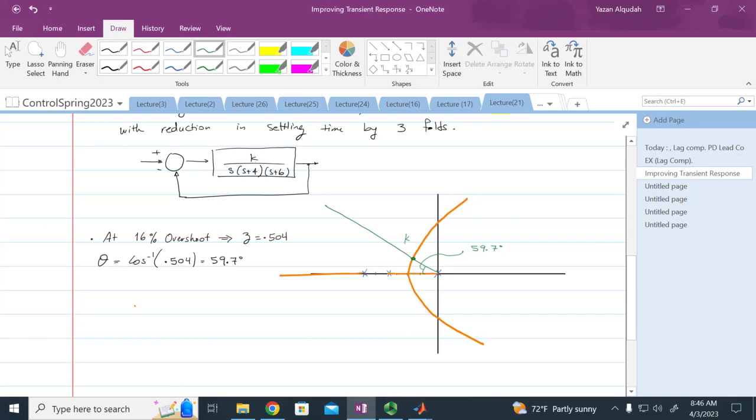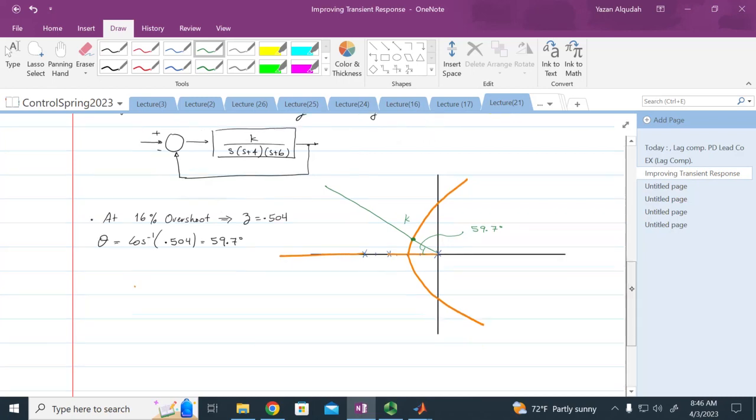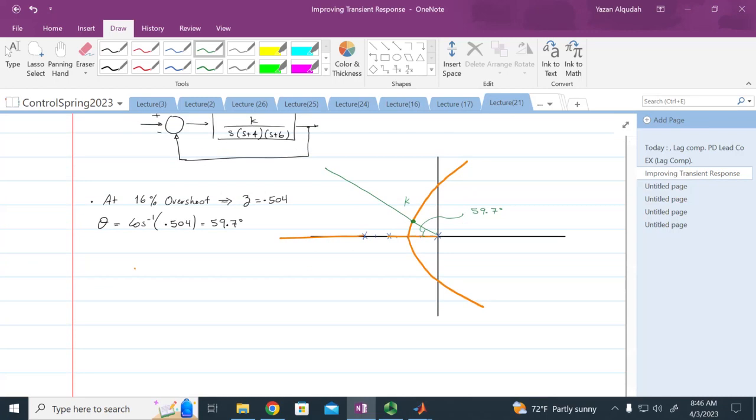That characteristic equation is going to give me two equations, one for the real part, one for the imaginary part. And therefore, I'm going to have two unknowns, which are the real part and K. I can solve for them. The math is a little bit tedious, but we should know how to do it if we have to. Nevertheless, we're going to find this intersection.